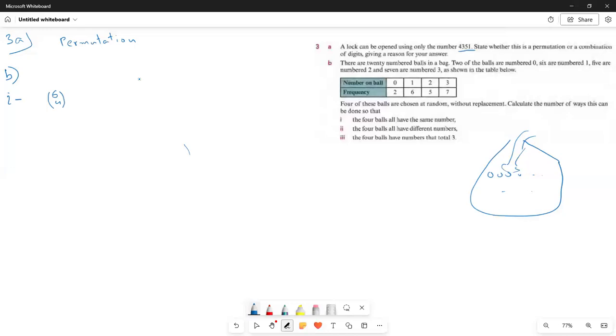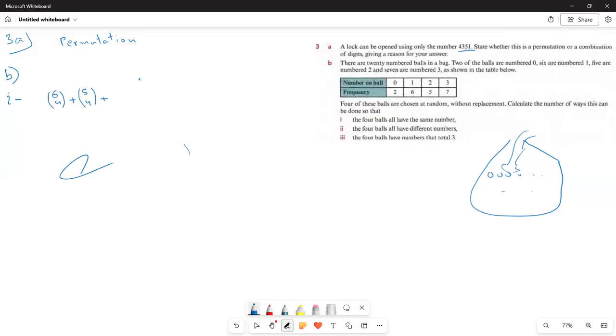Similarly, if 2 is written on them, plus 5 combination 4, since I'm choosing 4 balls out of the 5 which have 2 written on them.